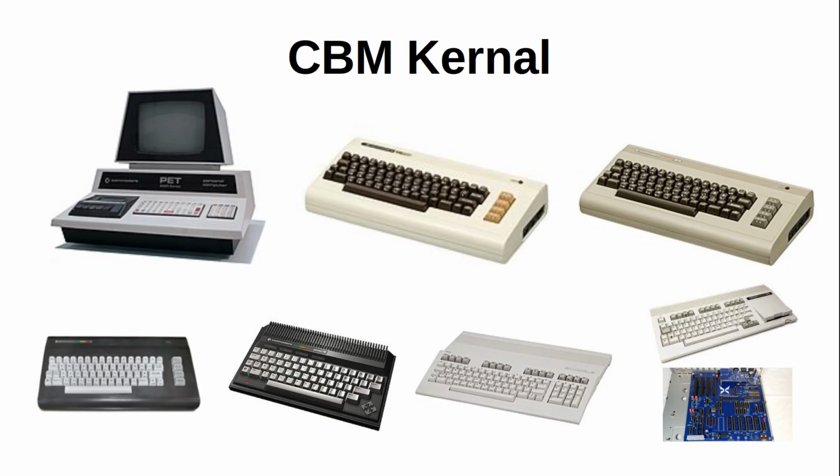So you have the same sorts of routines at the same addresses, and you call them and they will have the same behavior. Now, of course, the kernel is different from machine to machine, but you have a sort of baseline lowest common denominator of functionality for that kernel. So stuff that works on the PET will work on the Commodore 128 and the Mega 65 and all of those.